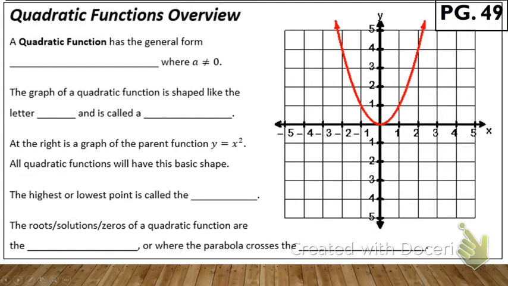We're going to keep going with studying quadratics, but we're just going to build on the knowledge that we've acquired so far. A quadratic function has the general form, and you guys have written this down with me before already. We usually have either function notation or a y equals, and then my general form is ax squared plus bx plus c.